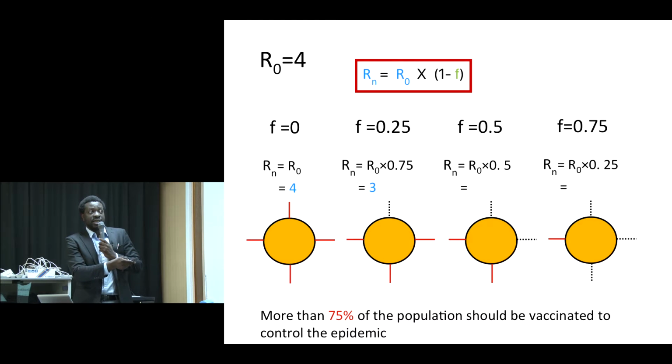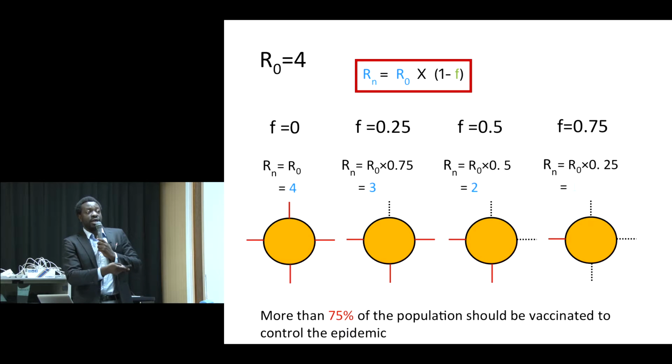So if we vaccinate 25%, even if R naught is 4, the person here can transmit the infection only to 3 people. Let's increase the vaccination to 50%. When we increase to 50%, it can infect only 2.